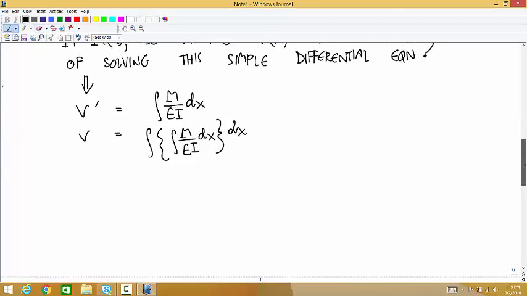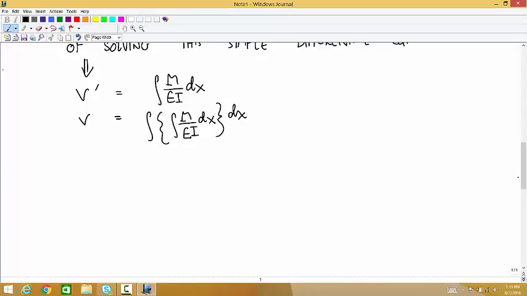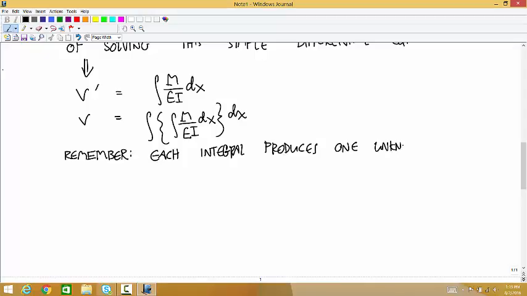The thing to notice here is that each integral you take produces a constant of integration. And so when we integrate twice, we're going to have two constants of integration that we're going to have to deal with. And those are going to come from boundary conditions. So remember, each integral produces one unknown constant of integration.